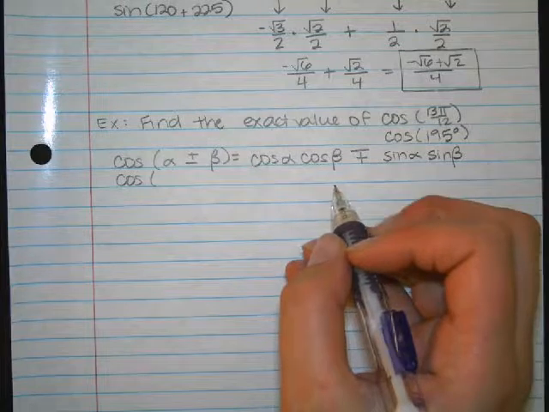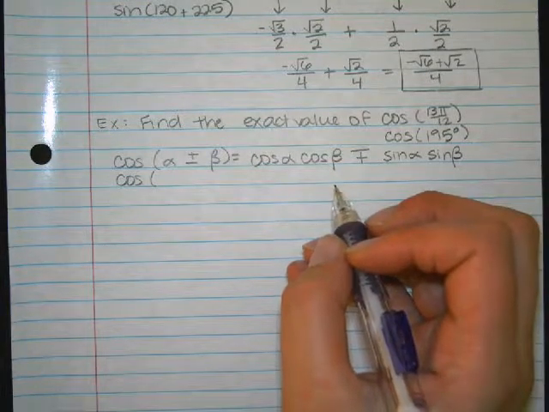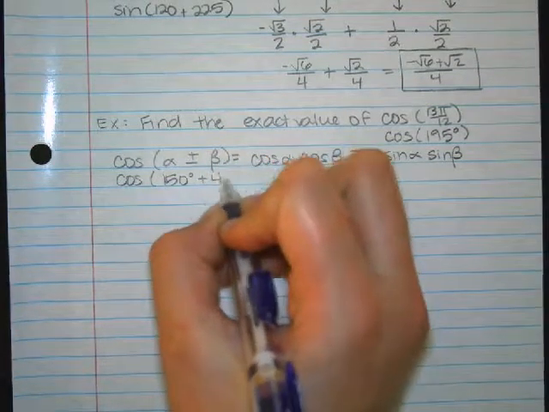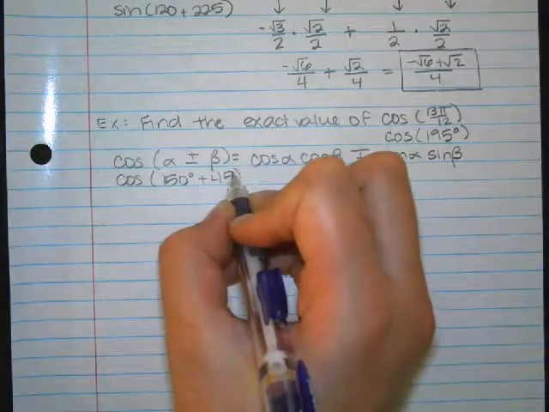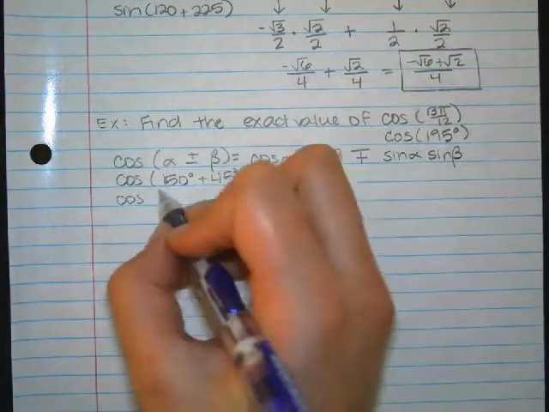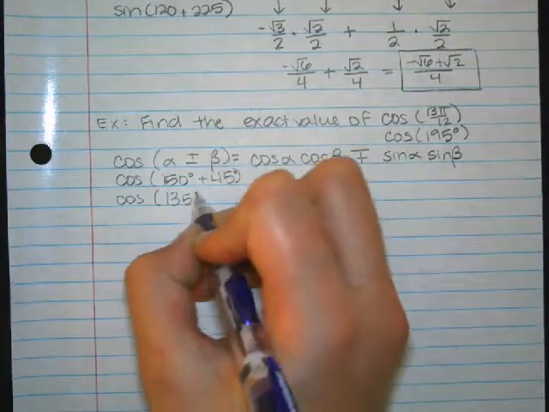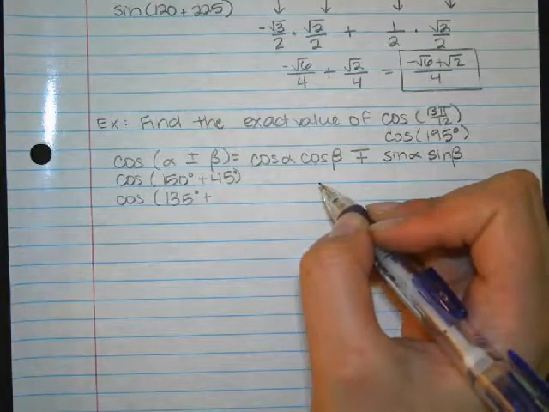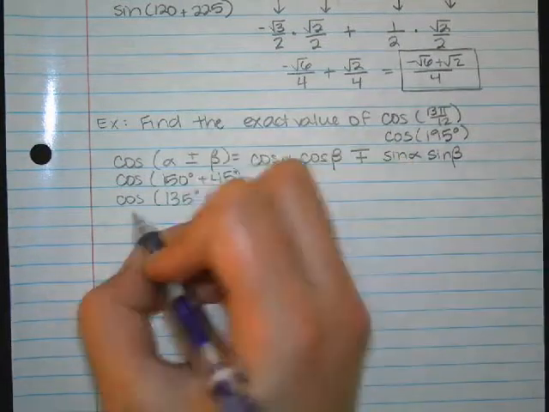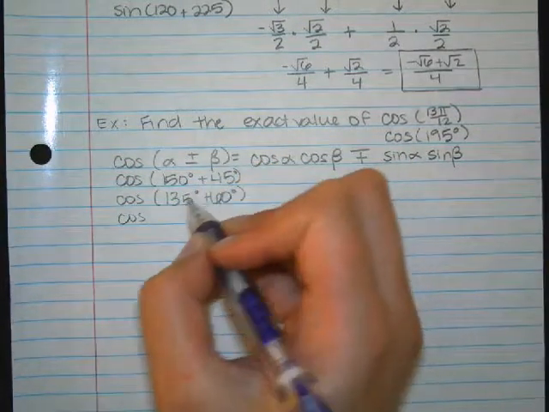I heard 150. 150's on there. 150 plus 45, that would work. What's another one that would work? What about 135 plus 60? What about 225?